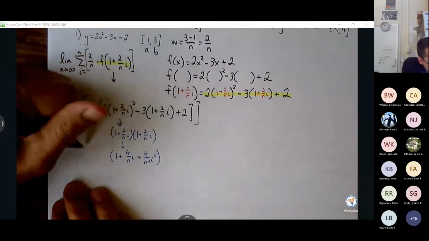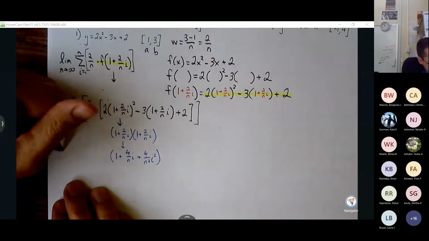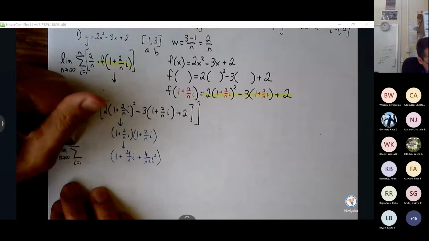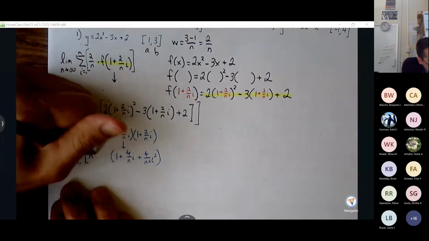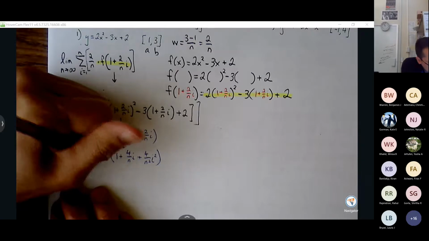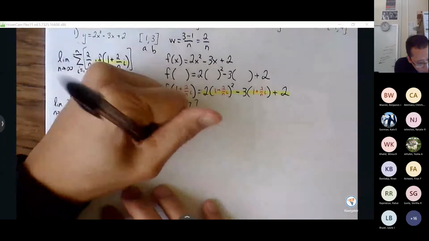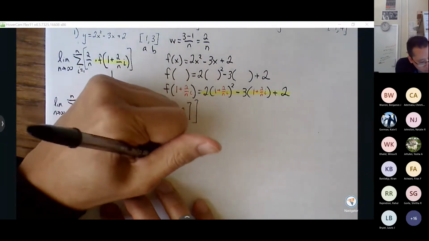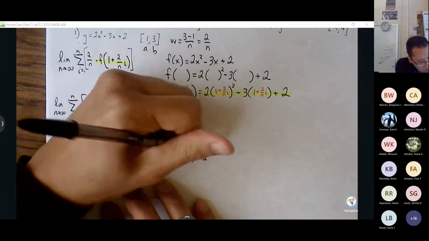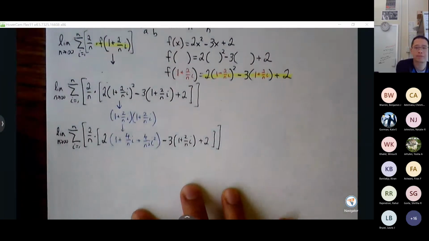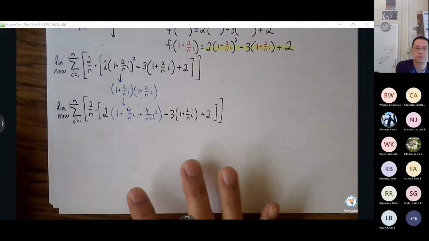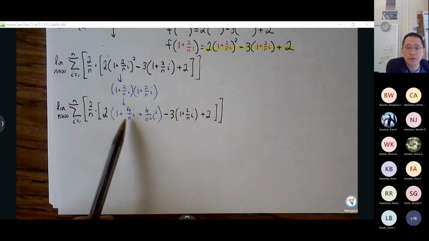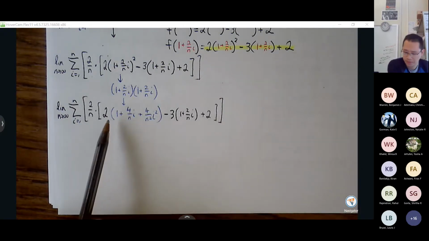Okay, I'll bring down the rest of the problem here. And then next step, we're just going to spend the time to distribute through, combine like terms.